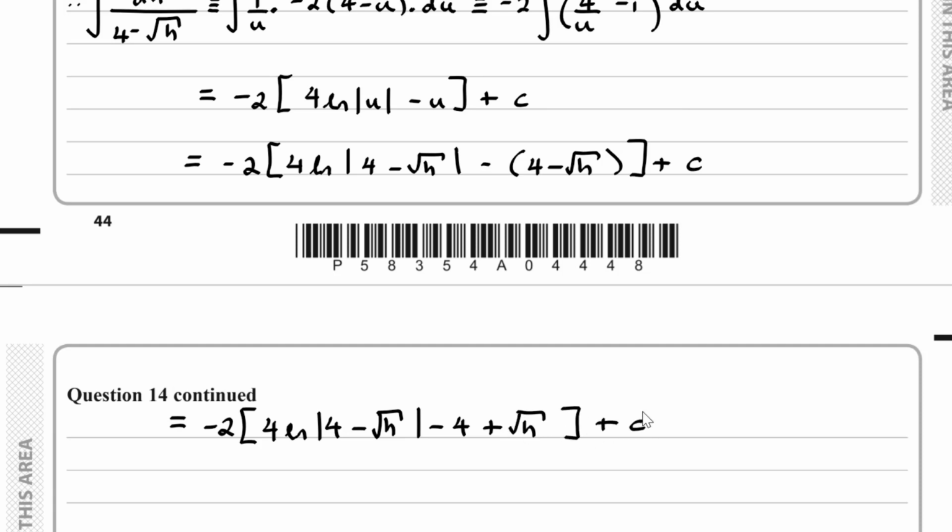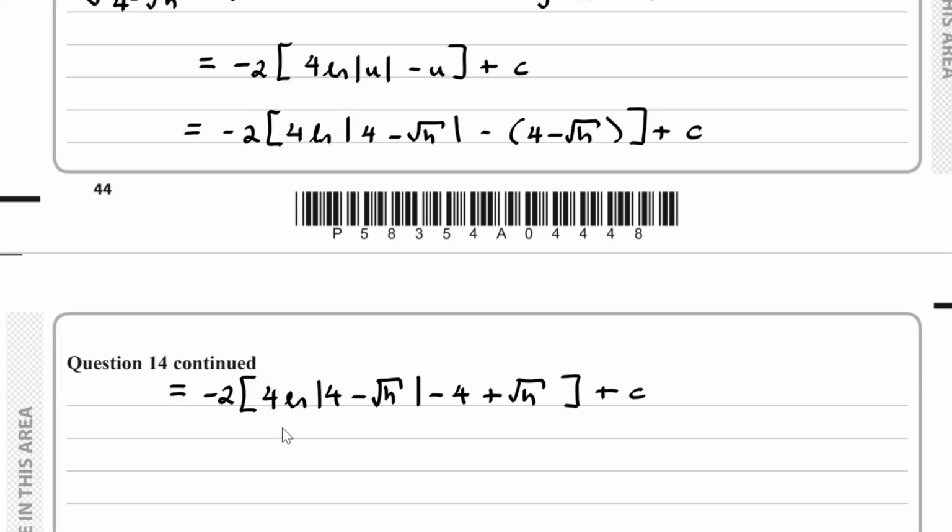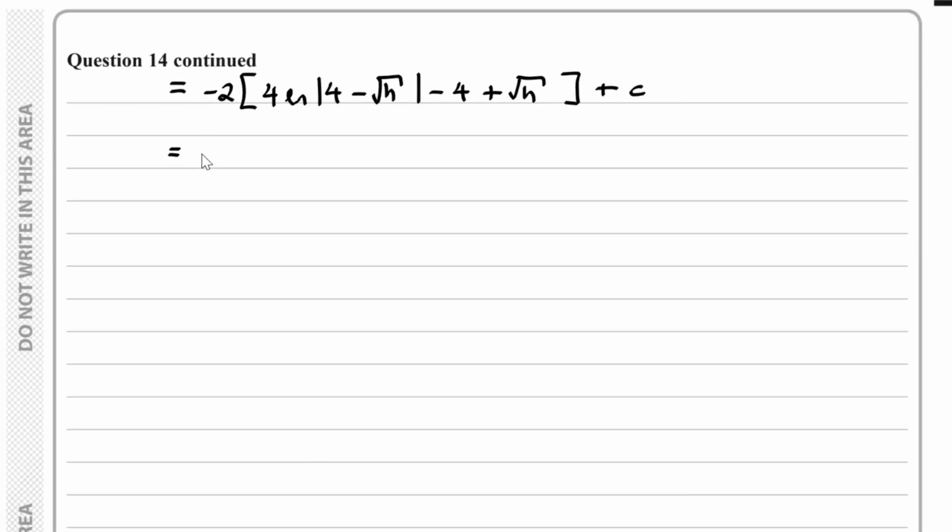And if we expand this minus 2 into the bracket, we have minus 8 times the natural log of 4 minus square root h, plus 8, because minus 2 times minus 4 is plus 8, minus 2 times the square root of h, and then we have the plus c.